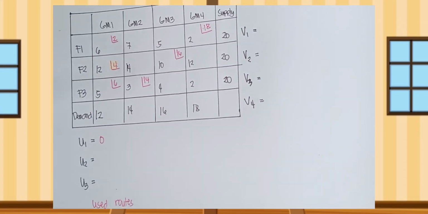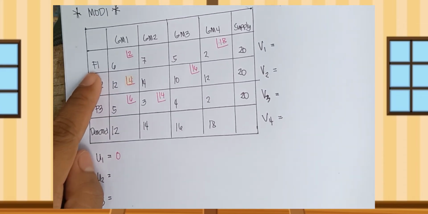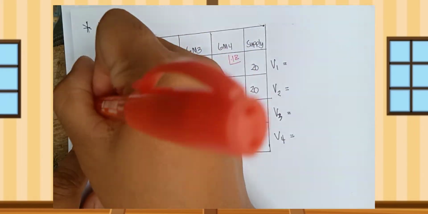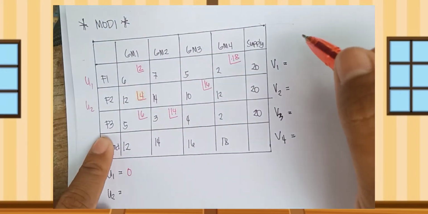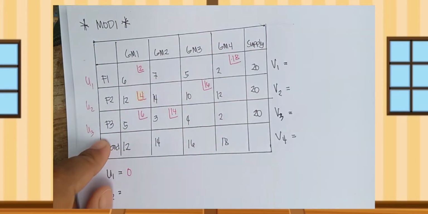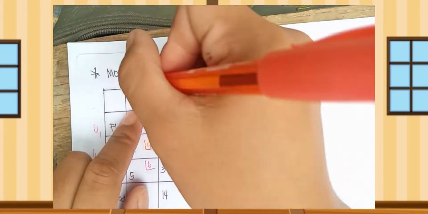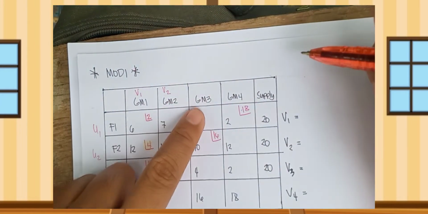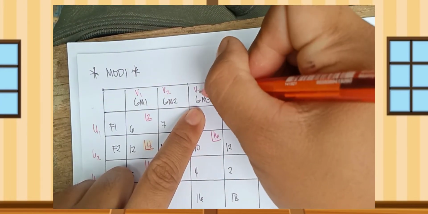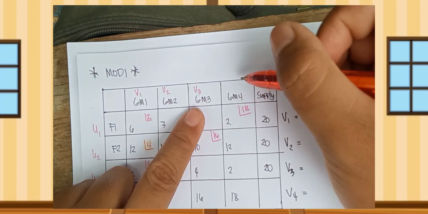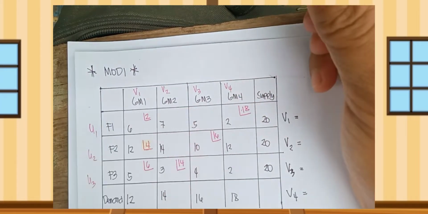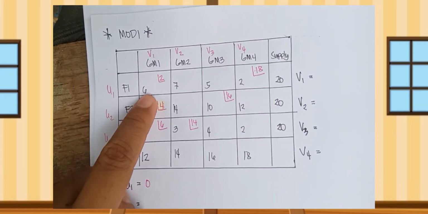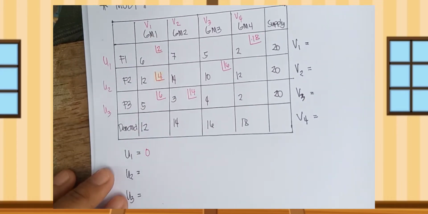So we let this F1 as U1, then F2 as U2, F3 as U3, this GM1 as V1, GM2 as V2, GM3 as V3, and GM4 as V4. So we have occupied cells, the U1 and V1.